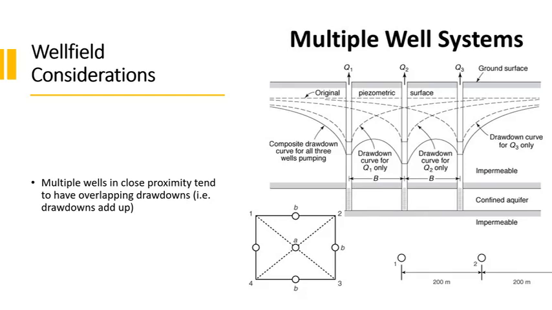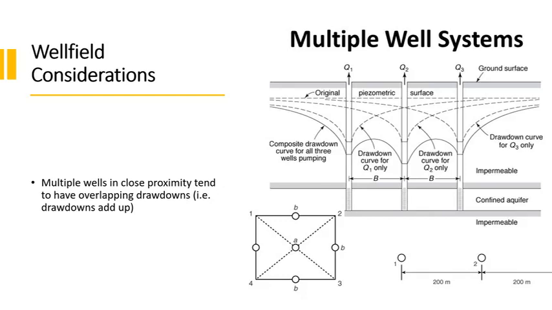So if we are to sketch or illustrate the drawdown of the system of wells, the solid line here is the total drawdown. That is caused by the well at that same location and also by wells in proximity that are influencing the drawdown. So in short, if you have other wells in proximity, they help pull down the drawdown.